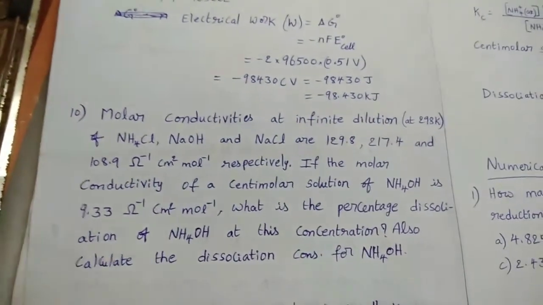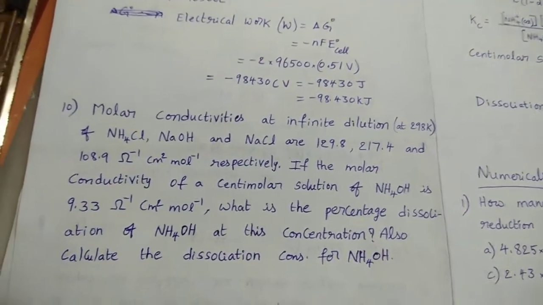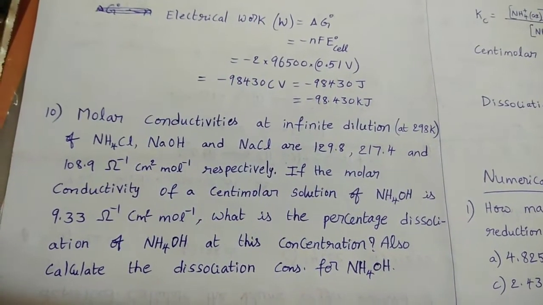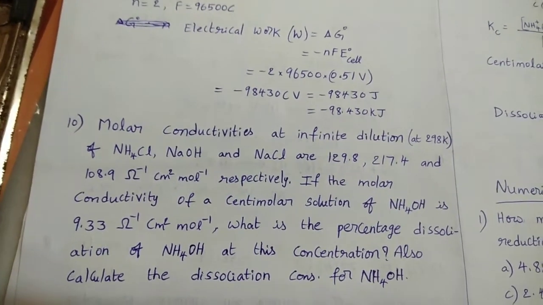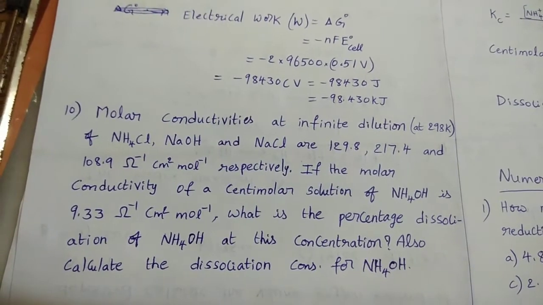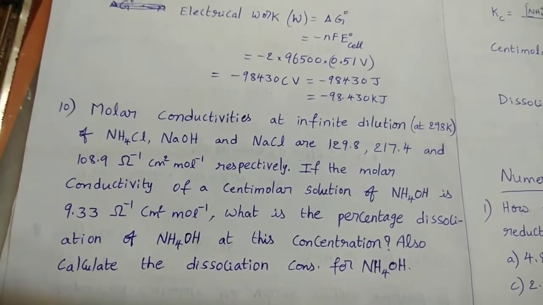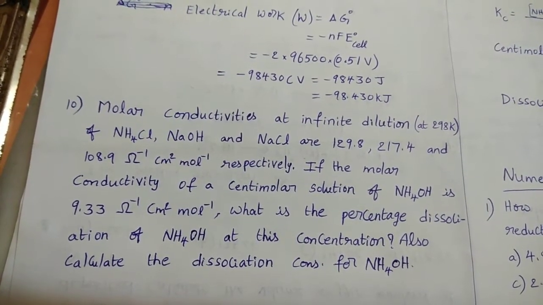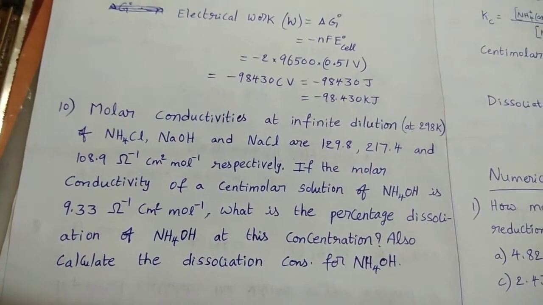Next, numerical related to molar conductivity. Molar conductivity at infinite dilution is nothing but limiting molar conductivity. Already we know that molar conductivity at infinite dilution is called limiting molar conductivity. The limiting molar conductivities of NH4Cl, NaOH and NaCl are given as 129.8, 217.4 and 108.9 ohm inverse centimeter square mole inverse respectively.